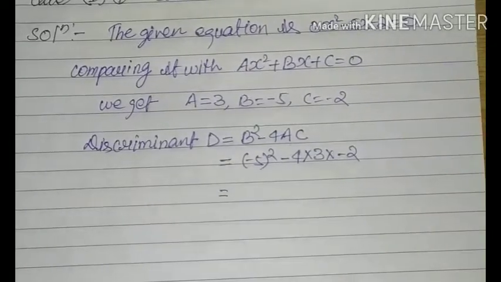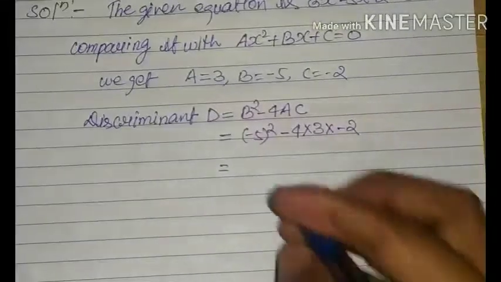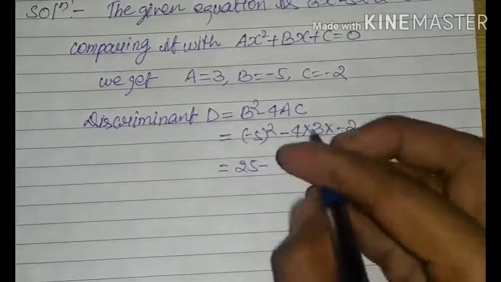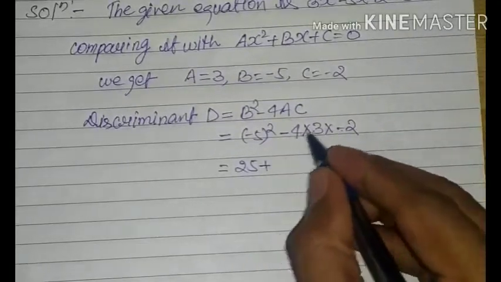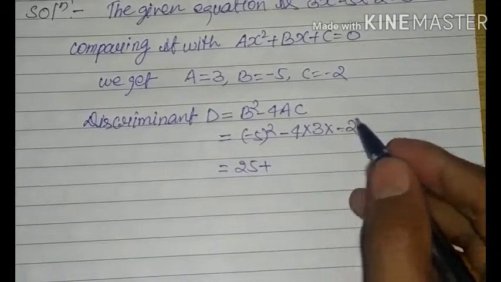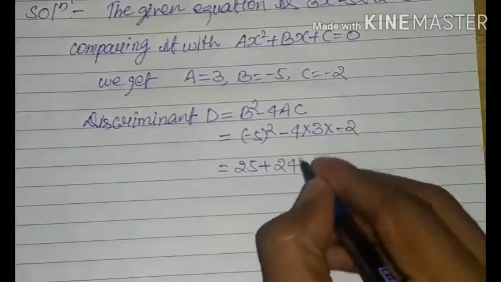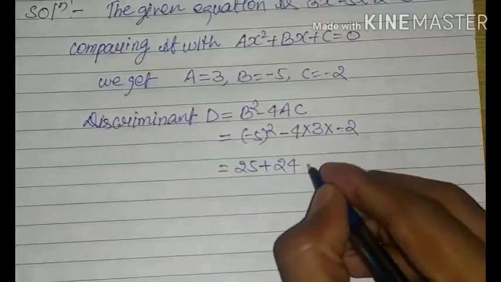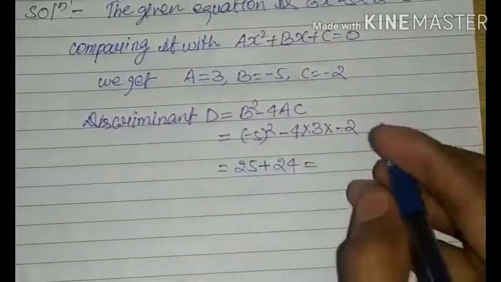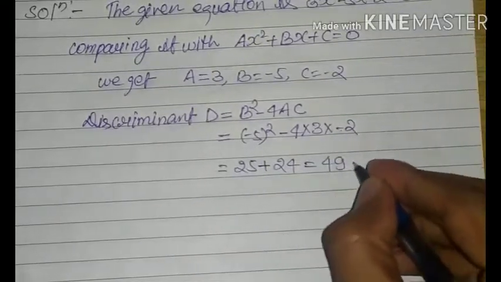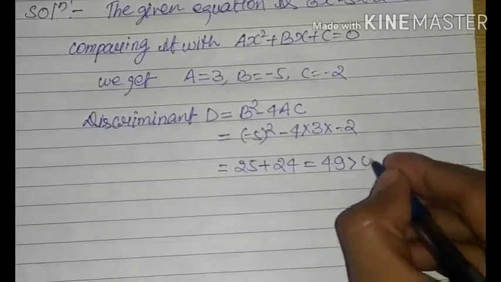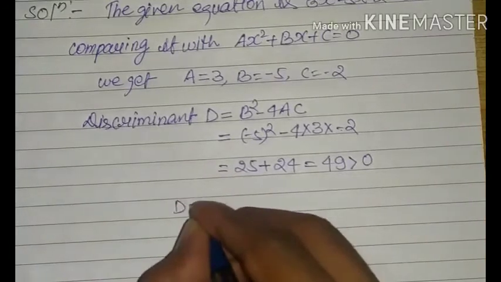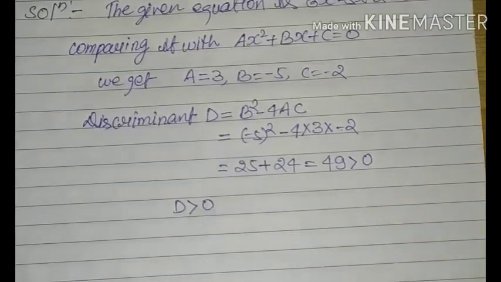The square of minus 5 will be 25. Then 25 minus, and minus will be positive, 4 threes are 12 and 12 twos are 24. Which is equals to 25 plus 24 will be 49, and 49 is obviously greater than 0, means discriminant is greater than 0.